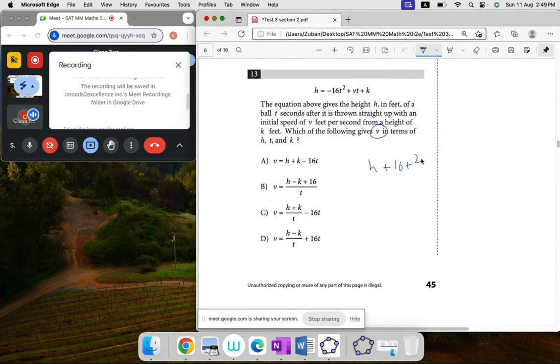We have to make v the subject: v equals h minus k over t plus 16t. Yeah, d. Making v the subject of the formula.